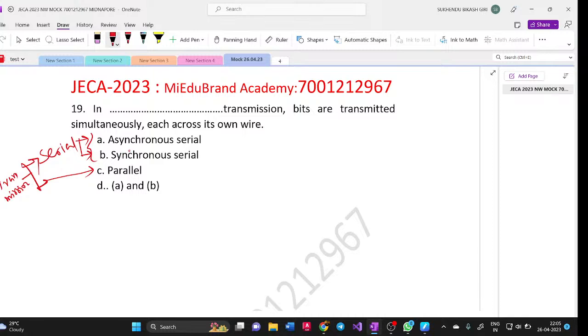Shravan, the answer is option A. Why option A? Bits are transmitted simultaneously.